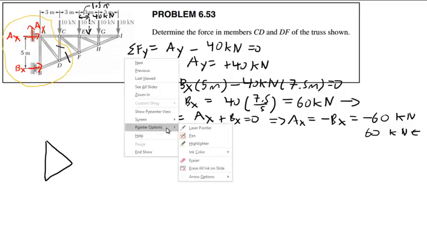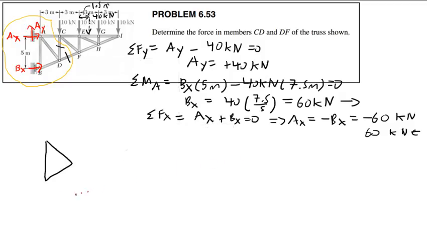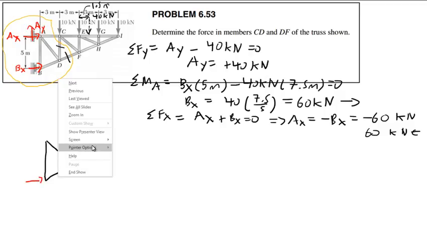So I'm going to draw the external forces and the unknown forces on here. Bx, I'm going to have 60 kilonewtons here. Let me label the points here.